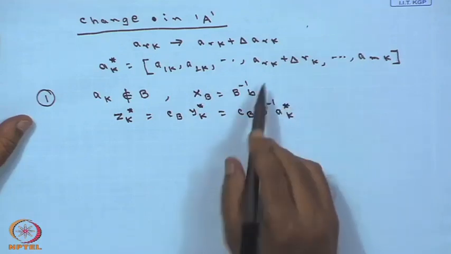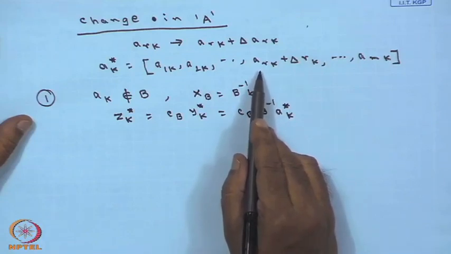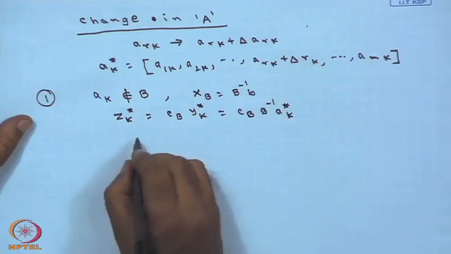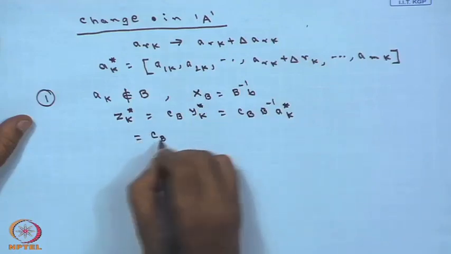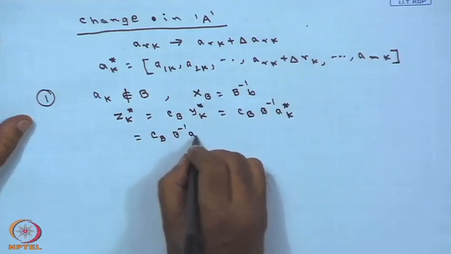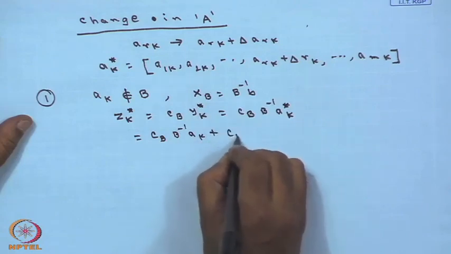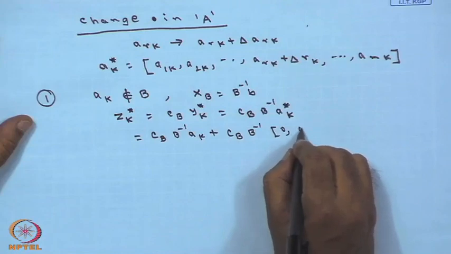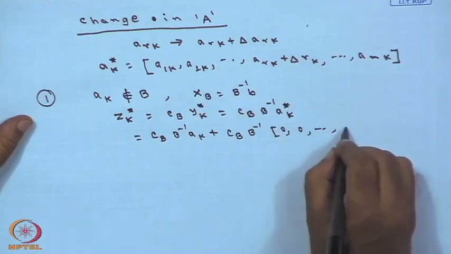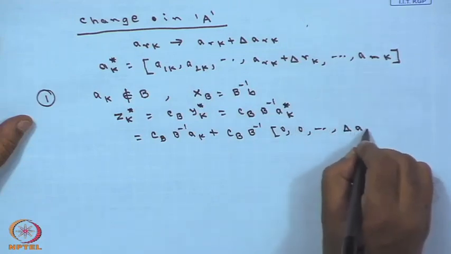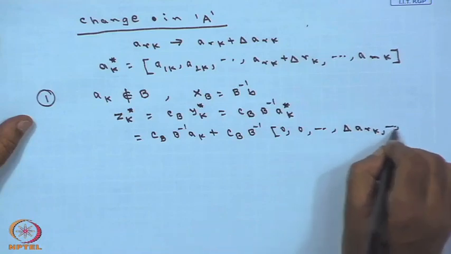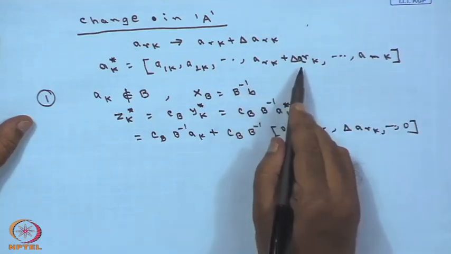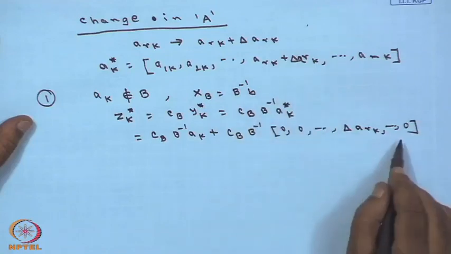Now, a_k star can be replaced by the vector we have written, and then we can break it into two parts, that is C_b B inverse a_k plus C_b B inverse into the vector where only delta a_rk is there and the rest is 0.